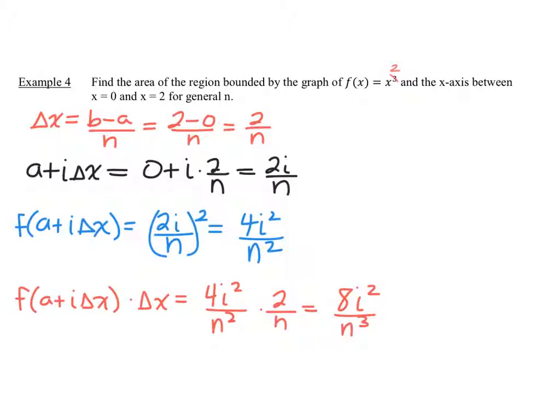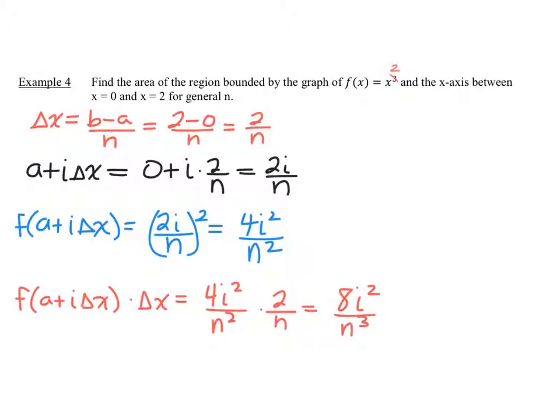So then, if you think about it, this part represents the height of any rectangle. The delta x represents the length of the base of any rectangle. Multiply the two together, and you have an expression that represents the area of any arbitrary rectangle under this curve.